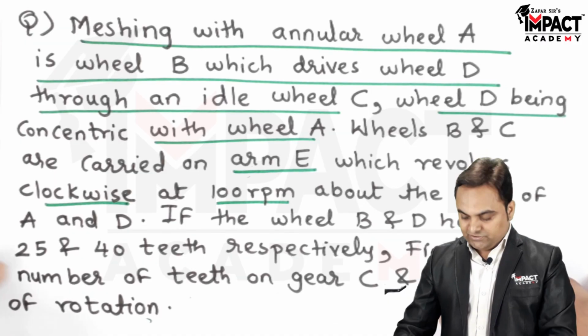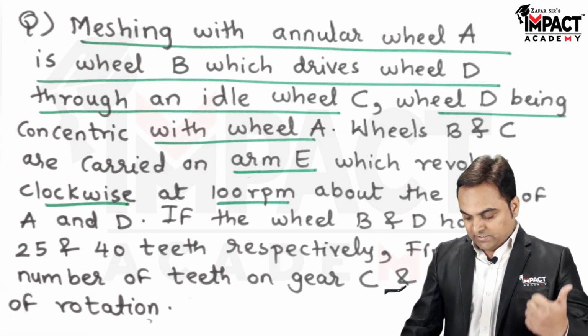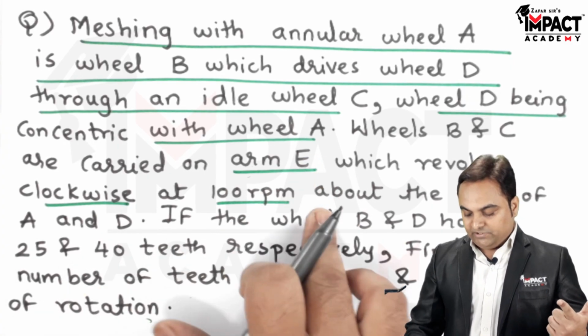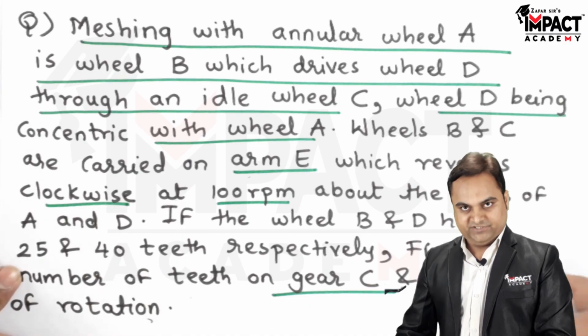So the two conditions which I am going to use here are keeping the annular as fixed, then arm E rotating with 100 RPM in clockwise sense, in order to find the speed of gear C.